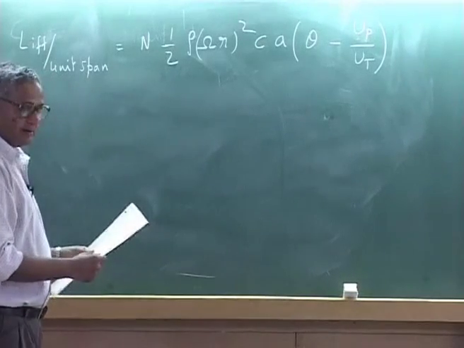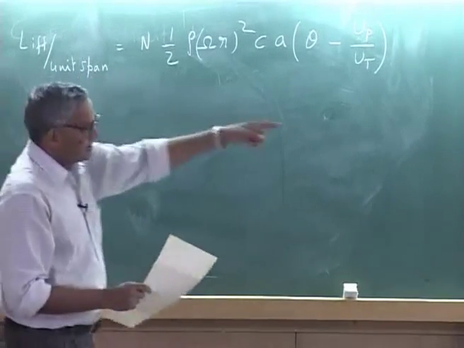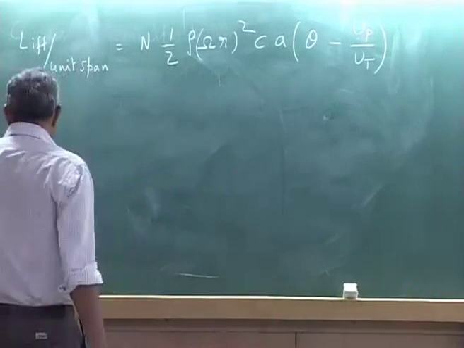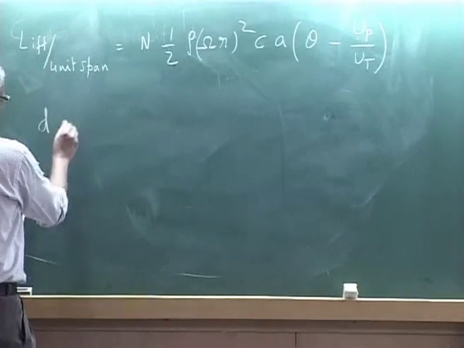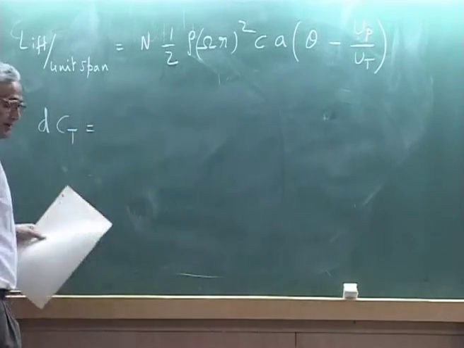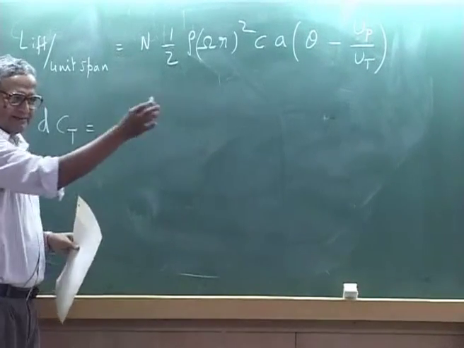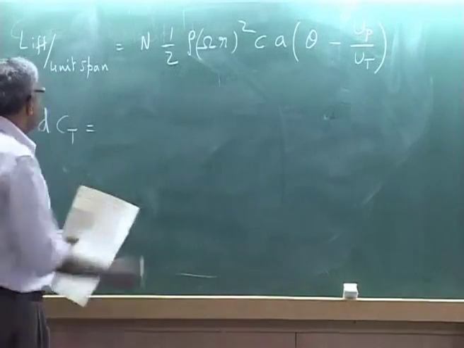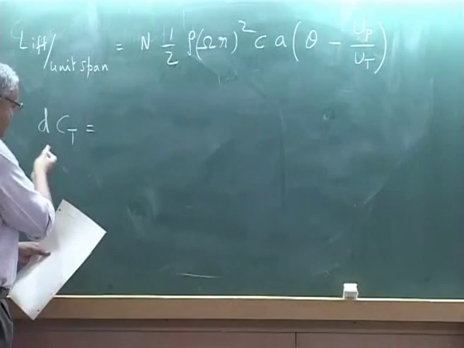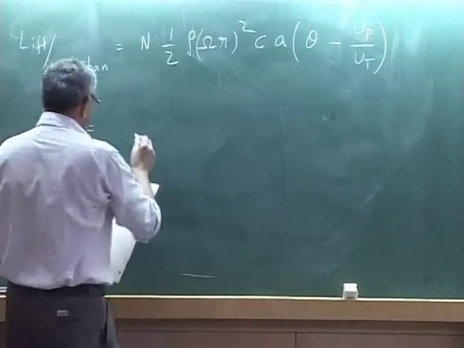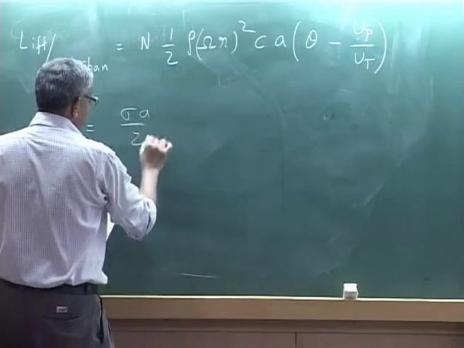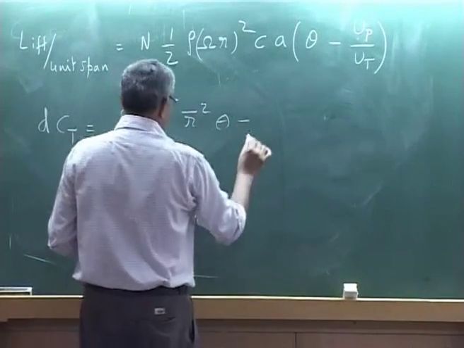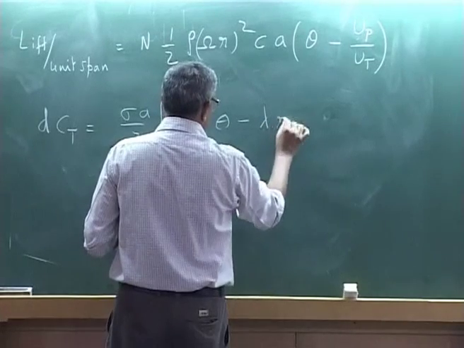I can non-dimensionalize this, and I am going to get the expression which is written on the other side of the board. Dividing by rho pi R squared omega R squared and so on, you get dCt, which is sigma a over 2 times r bar squared theta minus lambda r bar.